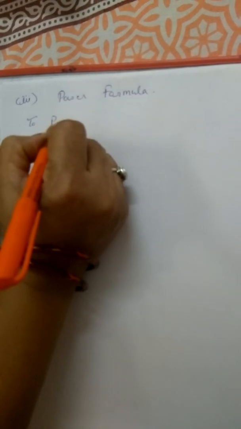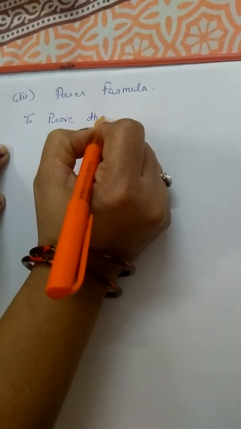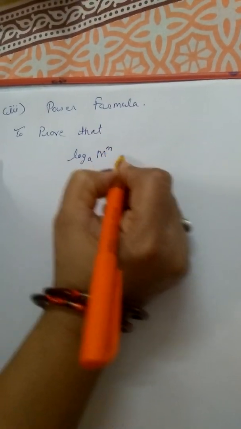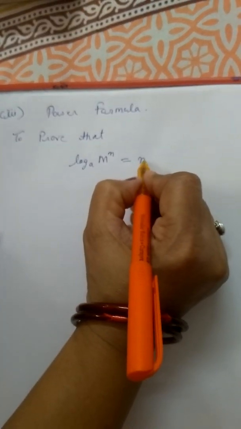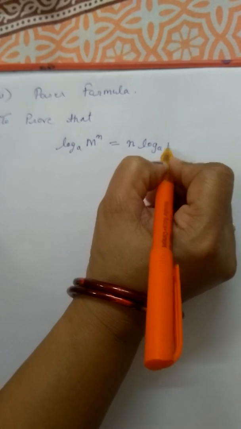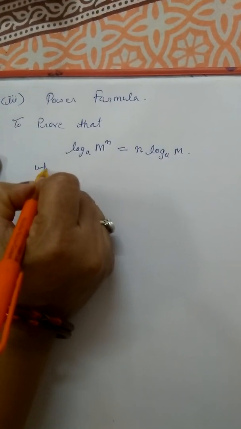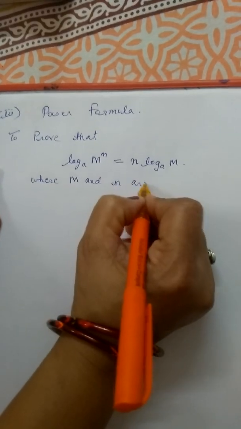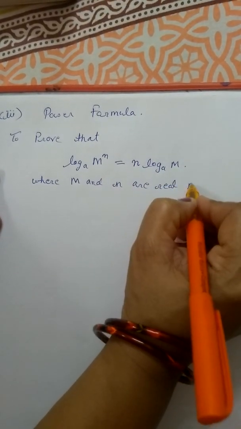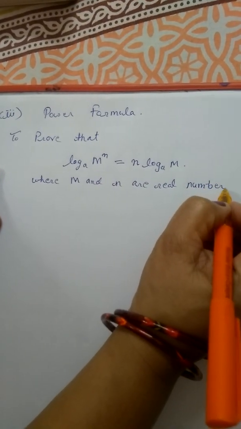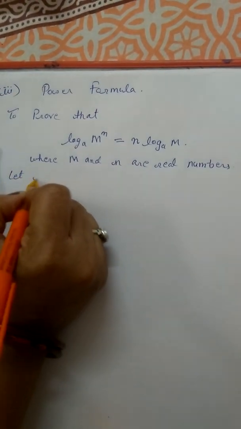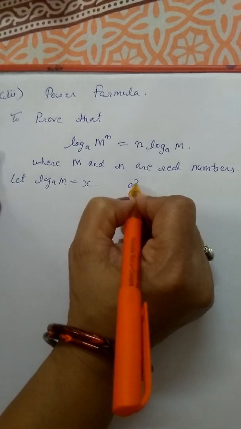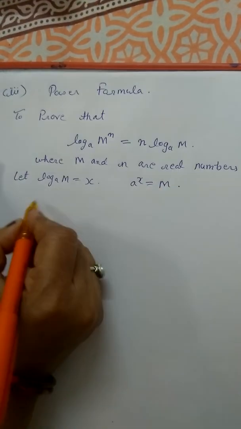To prove that log_a (m^n) equals n log_a m, where m and n are real numbers. Let log_a m is equal to x, or a^x is equal to m.